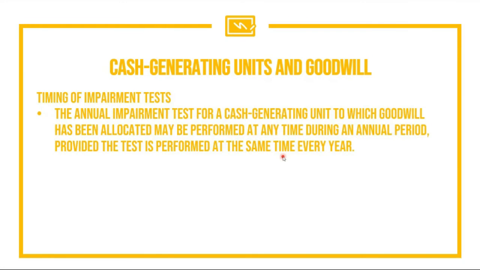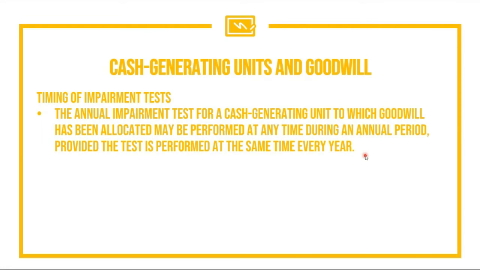And then, when are we going to do the impairment testing? The annual impairment test for a CGU to which goodwill has been allocated may be performed at any time during an annual period, provided the test is performed at the same time every year. Okay, for comparability purposes.